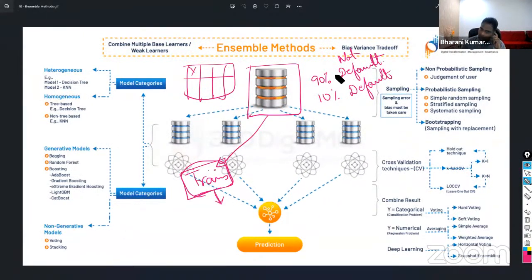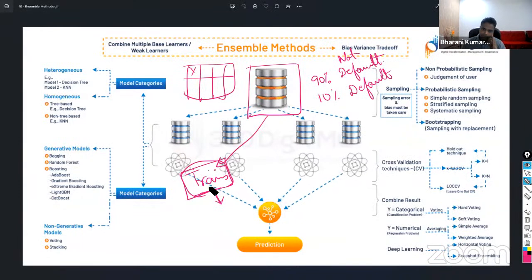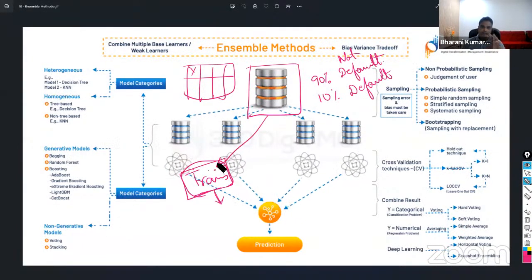Say, for example, 90% is not default and 10% is default. You would be training your model heavily on not default scenarios.